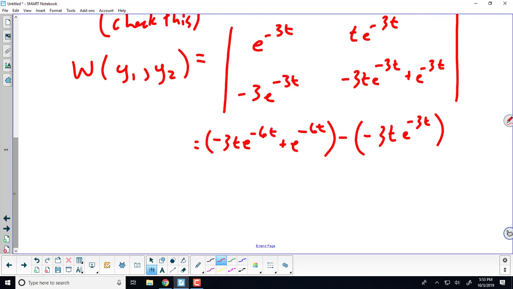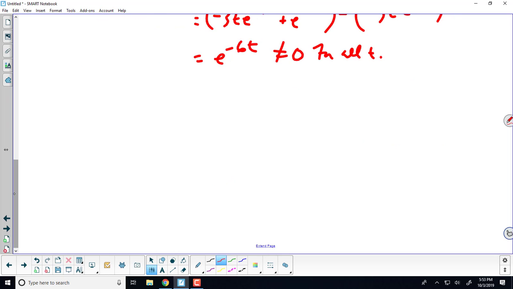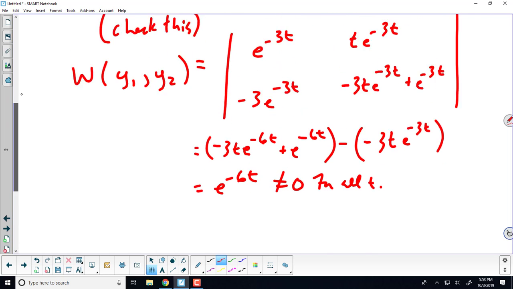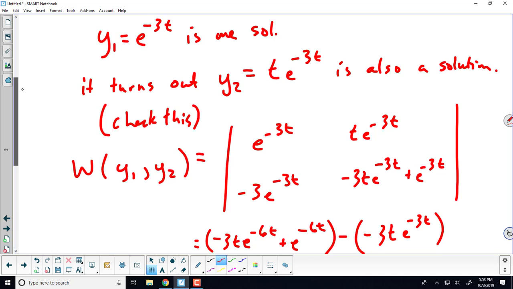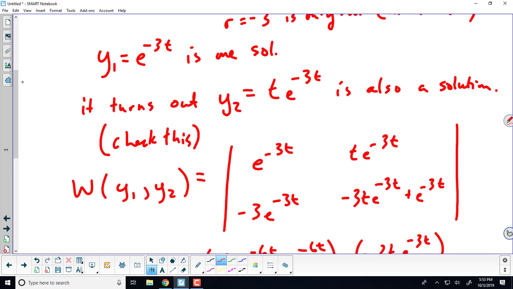So this just cleans up to be e to the minus 6t, and for what values of t is this 0? It's never, which does not equal 0 for all t. So since the Wronskian is never 0, we can say that these two solutions are linearly independent.